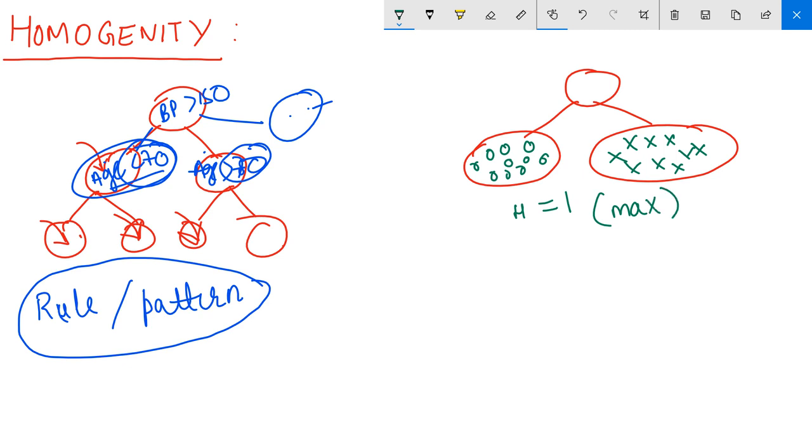This is not possible in real life. In the real world it is almost impossible to get homogeneity equal to 1. For a perfect result we try to get the h value very close to 1.